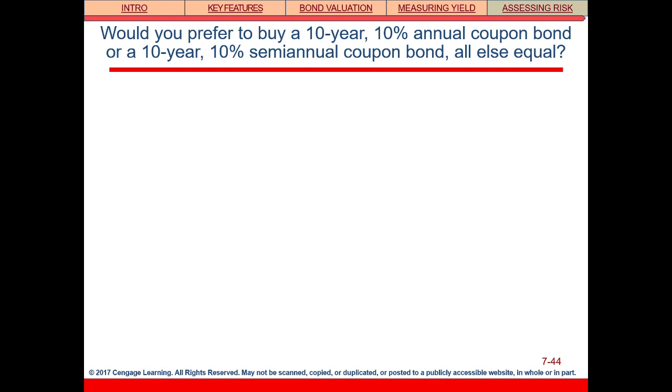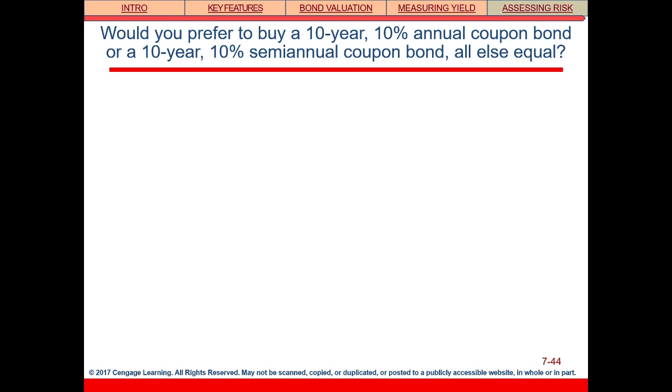The only difference between these two bonds is that with semi-annual compounding, you receive $50 at the end of the first 6 months, let's say the end of June, and then you receive the other $50 at the end of December. But for annual compounding, you receive $100 at the end of December.